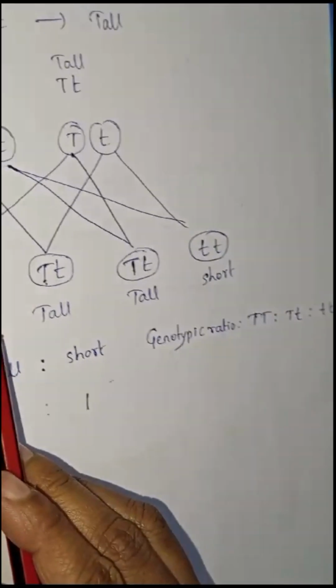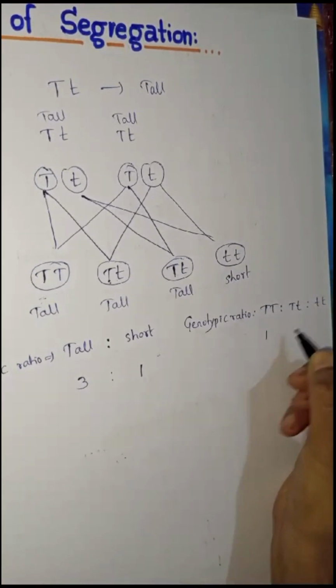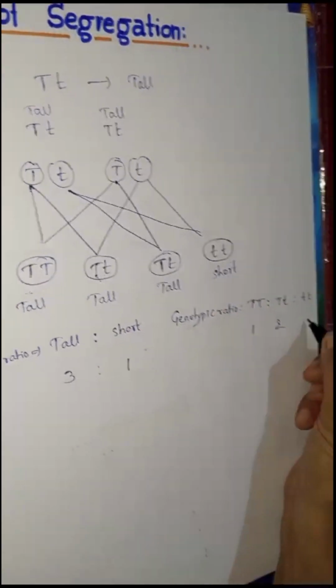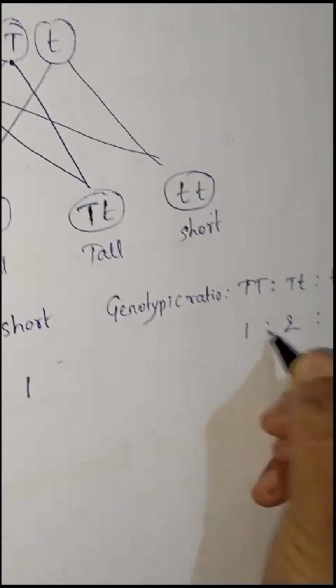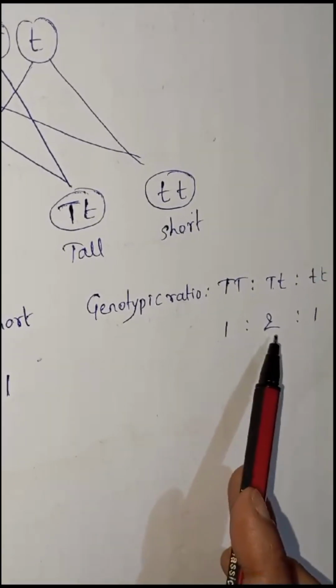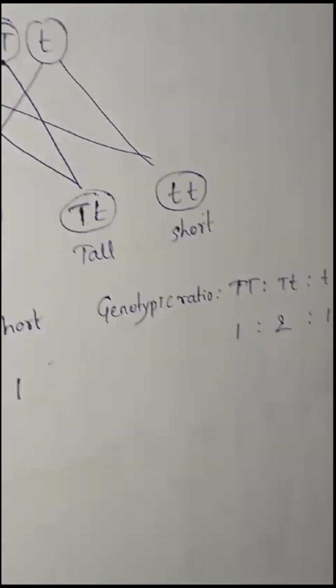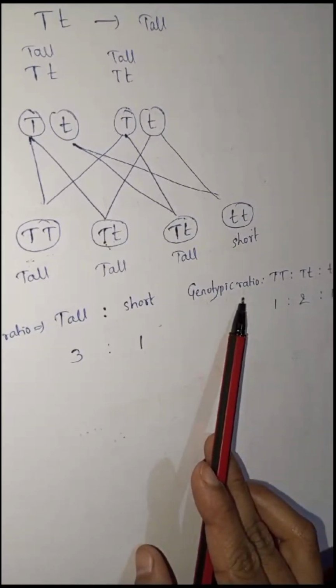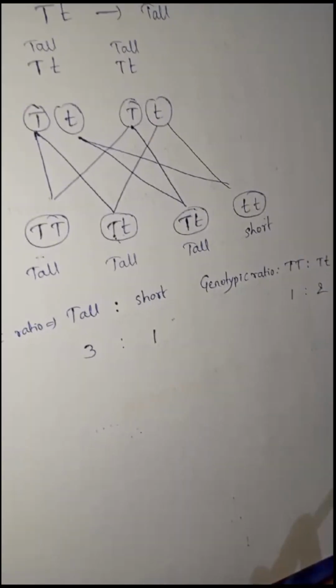How many capital T capital T are there? 1. How many capital T small t? 2. And small t small t is 1. So the genotypic ratio is 1:2:1. Phenotype means the external appearance of the plant, and genotype means the type of gametes present in it. This is method 1.